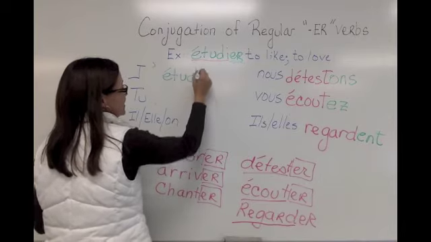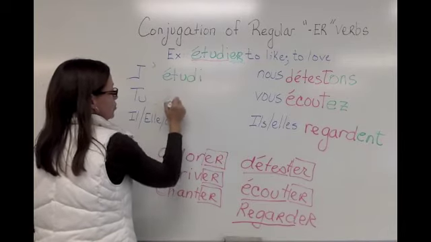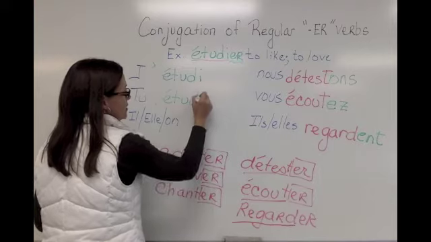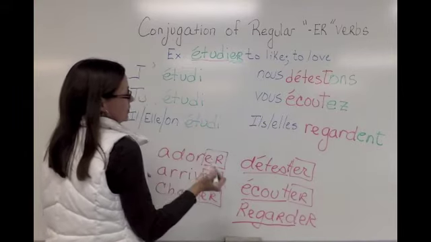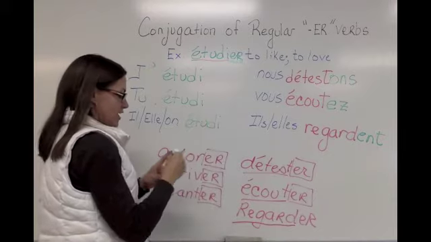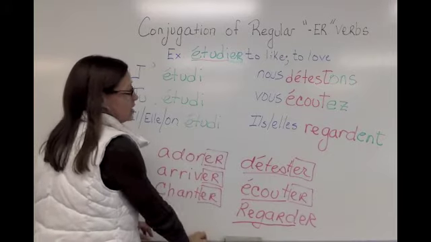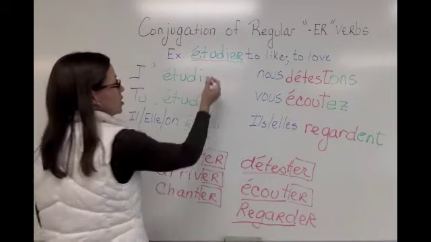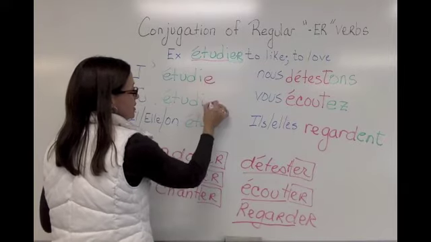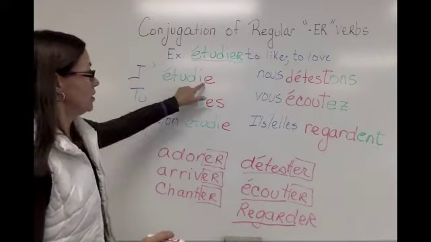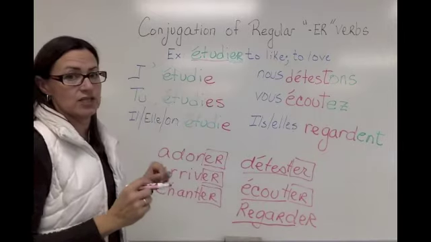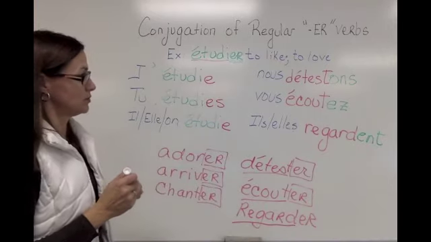Étudier. Be careful. We're plugging in right now, okay? Étudier. Now, what were our endings that we're supposed to tack on? The endings for the ER verbs are E, ES, E. Okay, so you have an IE next to it. Don't lose that other vowel.